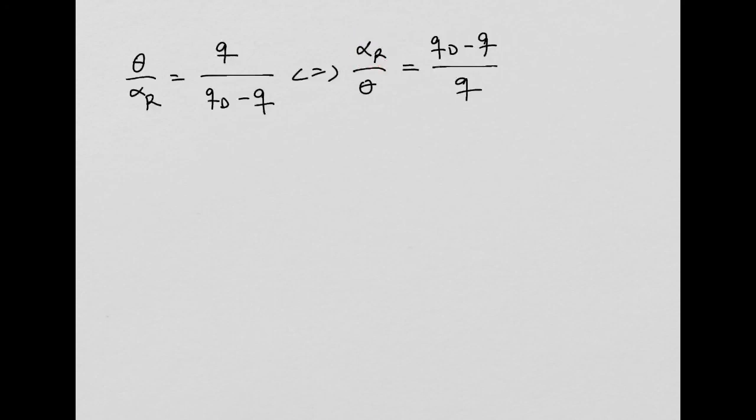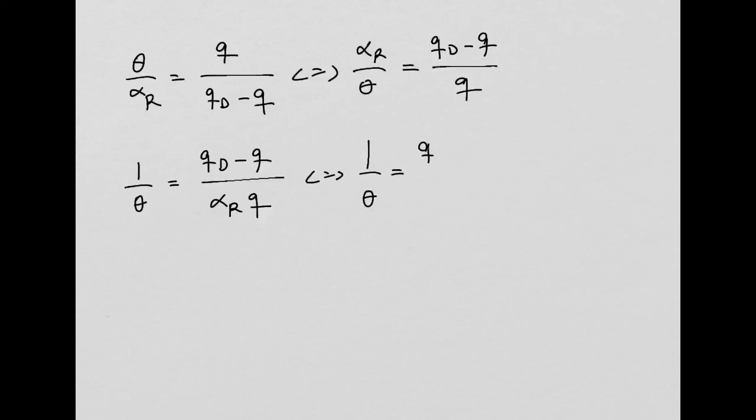And then you get 1 over theta is going to be equal to QD minus Q over alpha RQ. Nothing special, I'm doing nothing special. If I continue, I can say I will have QD over alpha R times 1 over Q minus 1 over QD.